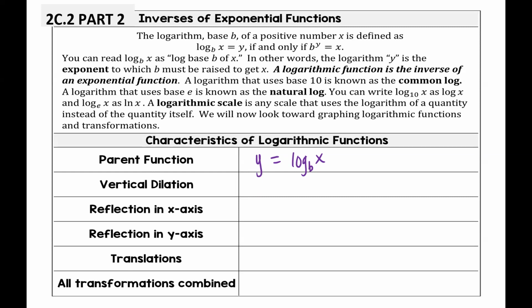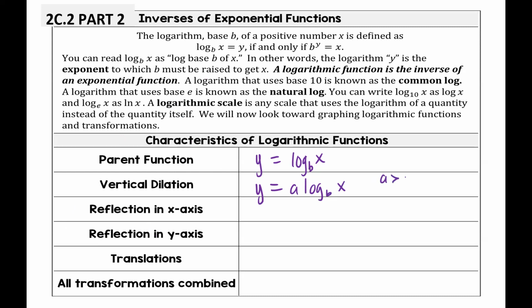So here we go. Vertical dilation. When you have a vertical dilation, that is combining stretching and compression, because in geometry, you learned that a dilation means that it's either getting big or getting small. So instead of having it separate, we're just going to write vertical dilation. That is written as y equals a log base b of x.